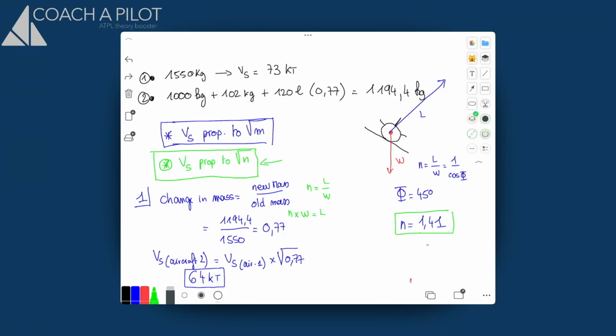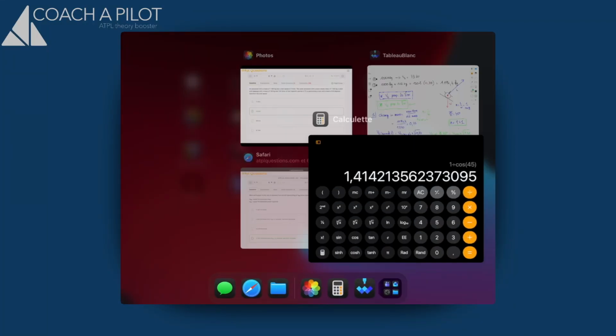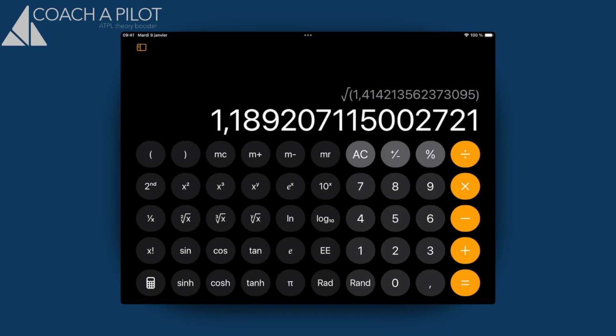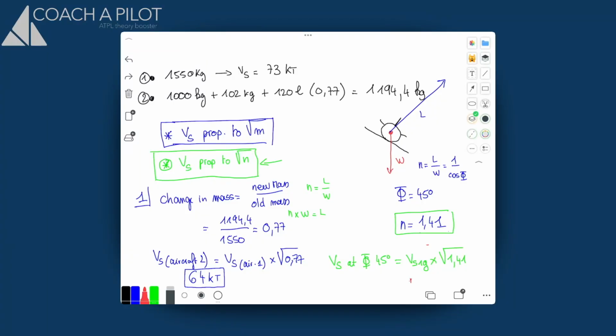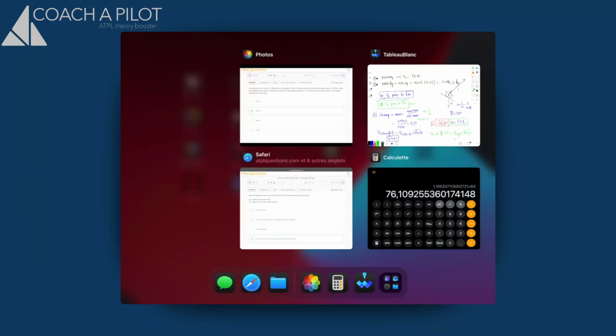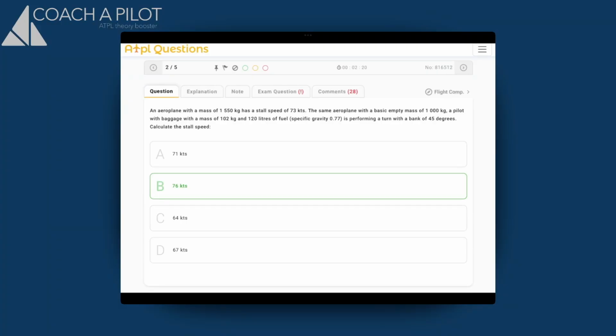So the load factor in the turn is 1.41 in this case, and we have solved the second point. Then we calculate the stall speed at a bank angle of 45: Vs1g times the square root of 1.41, simple as that, which is 76 knots. The stall speed at 45 degrees of bank for the second aircraft is 76 knots.